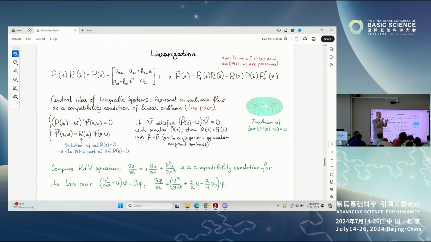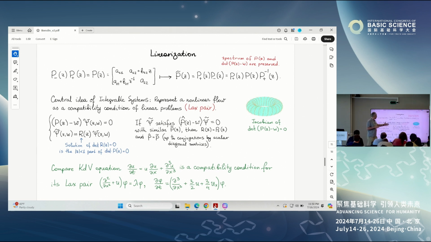Conjugation doesn't change the determinant, and it also does not change the characteristic polynomial of a matrix. So the characteristic polynomial, the determinant of P of Z minus W, doesn't change under my dynamics. Actually, the coefficients of the characteristic polynomial have all the integrals of motion of my dynamics. So if one looks at it as an integrable dynamics, this is the invariant.